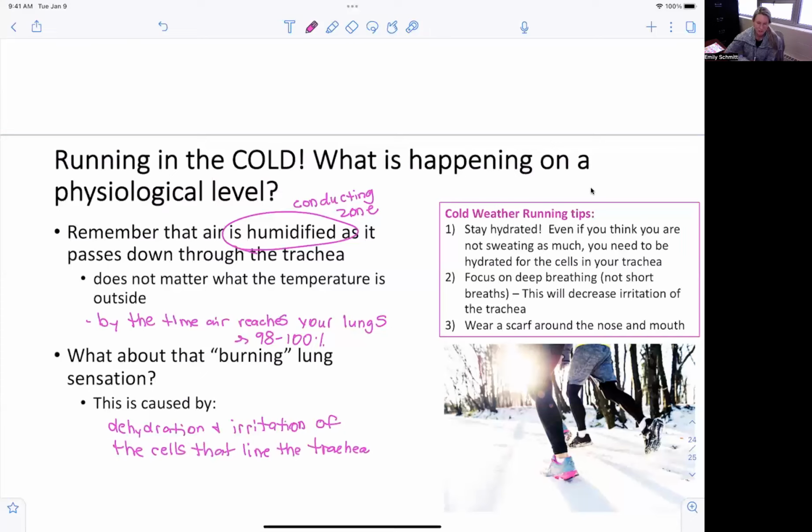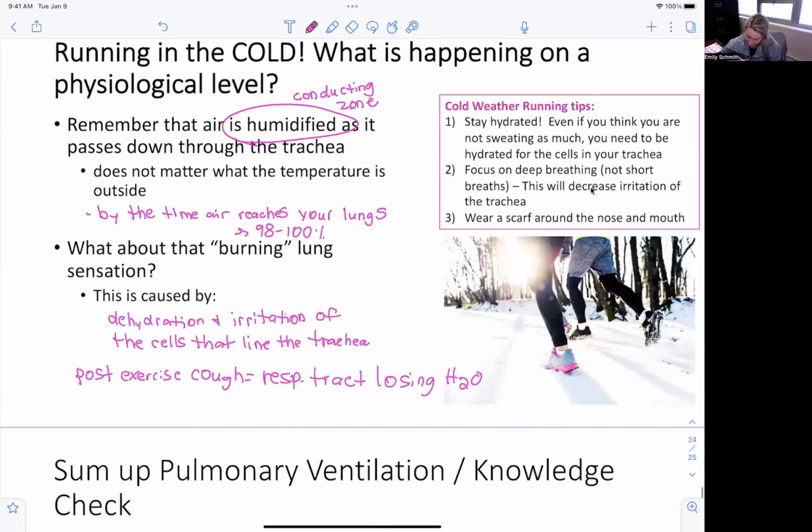So if you ever had that post-exercise cough where it's dry and irritated, an unproductive cough, but it hurts, that post-exercise cough is your respiratory tract losing water. So that's why even in the winter, when you're not sweating from the sun beating down on you and those hot temperatures, you still need to stay hydrated, to decrease that burning sensation that you feel in the lungs.